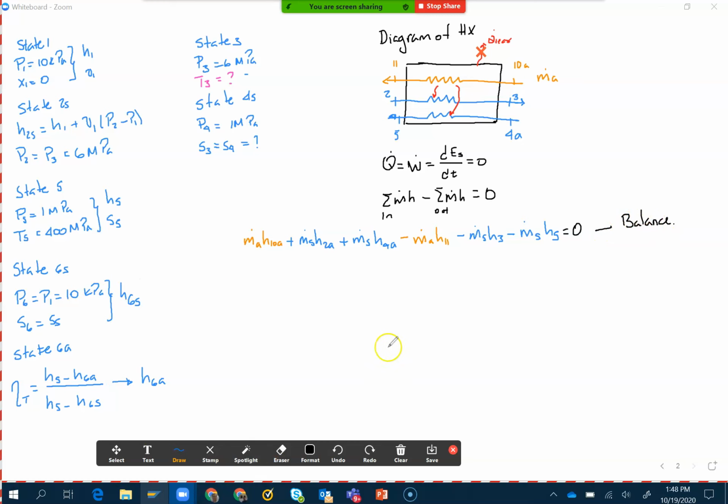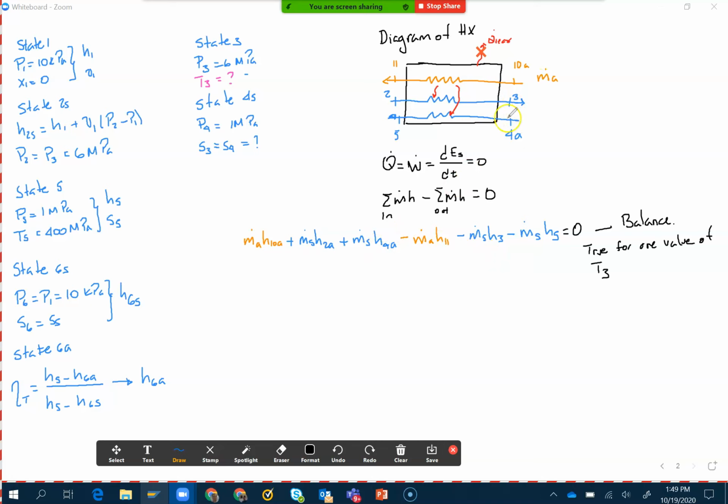And we can recognize that this is true only for one value. If T3 is too low or too high, you will have a different value. So this balance will give you 0 only for a given value. The problem is that we have two unknowns. We have the temperature 3 and the state 4 that depends on state 3.